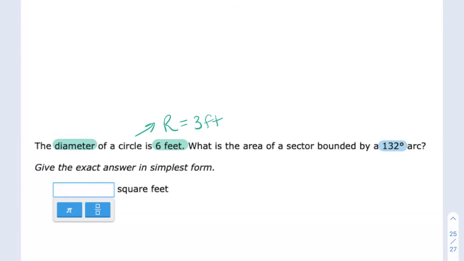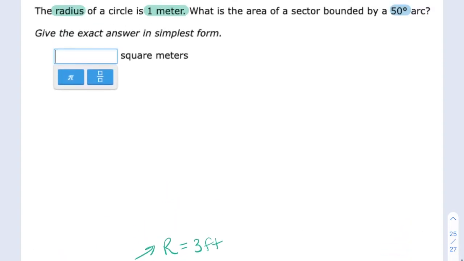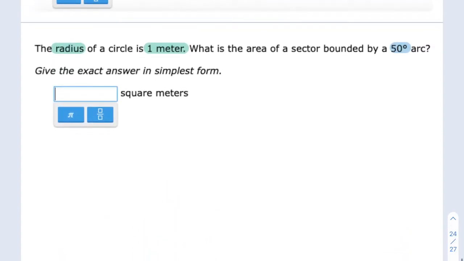So this is not a working backwards problem. This is a working forwards problem, both of them actually. So this will save us a little bit of time. So sector area equals theta over 360 times pi r squared.